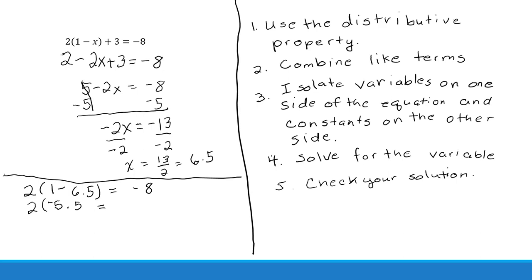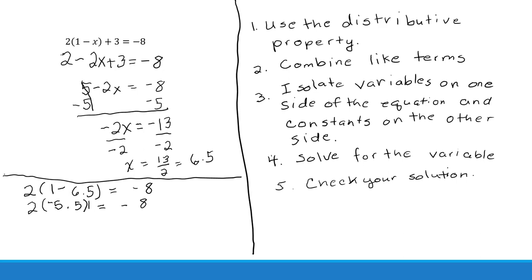Is equal to negative 8. I'm now going to multiply negative 5 and 5/10.